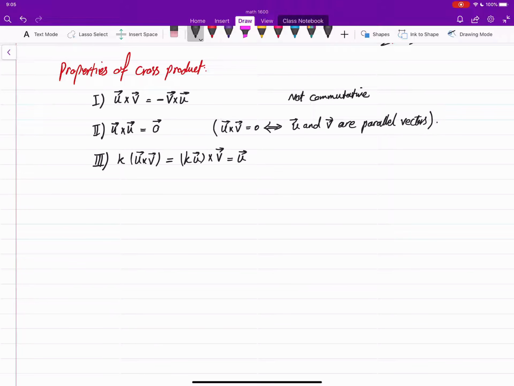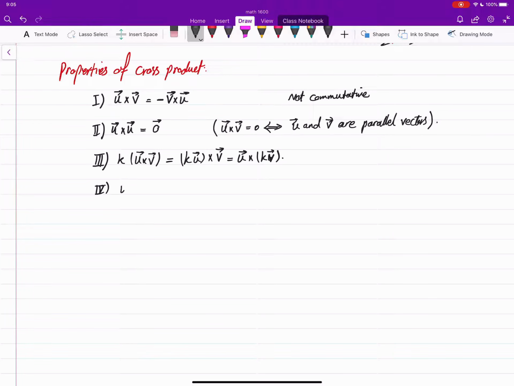You can also show that it equals u cross kv. So the cross product and scalar multiplication work nicely together.